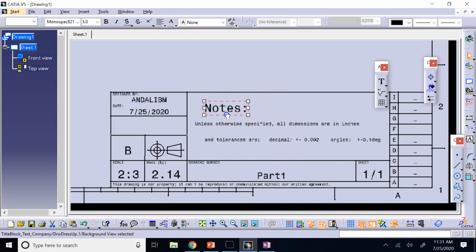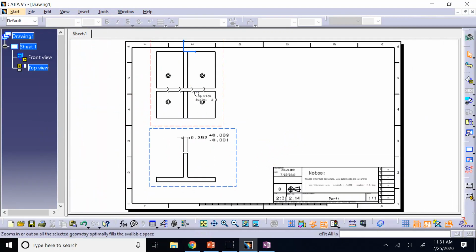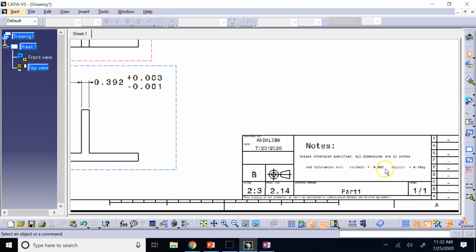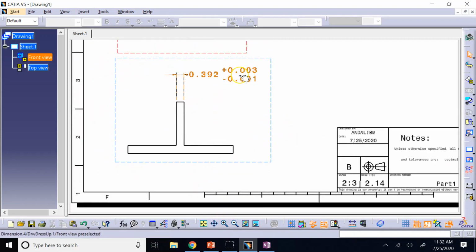So this is a general note that can be added to any frame and title block, and it will help. Instead of adding this plus and minus 0.02 on each and every one of these dimensions, you don't do that. Only you do it on a dimension that is different from that general tolerance.